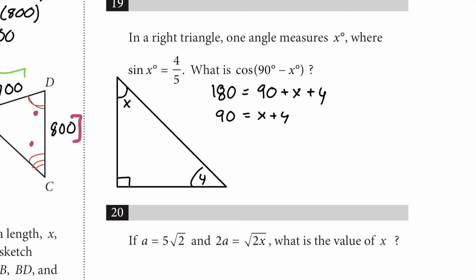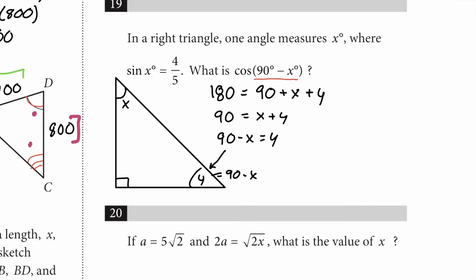And look what the question's asking us. It wants 90 minus x. And we know that 90 minus x is equal to this angle y. So we can rewrite that angle as 90 minus x. We're told that sine of x is 4/5. So the side length across from the angle is 4, and the hypotenuse is 5.